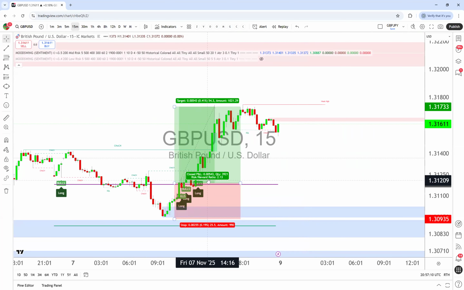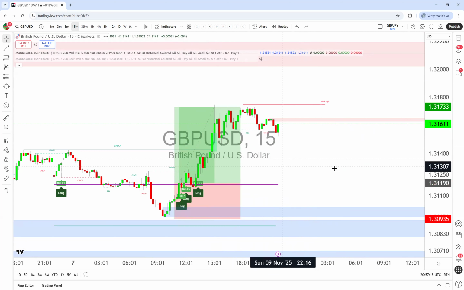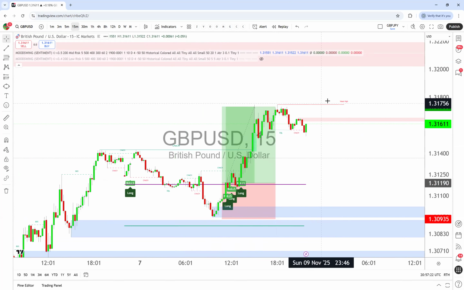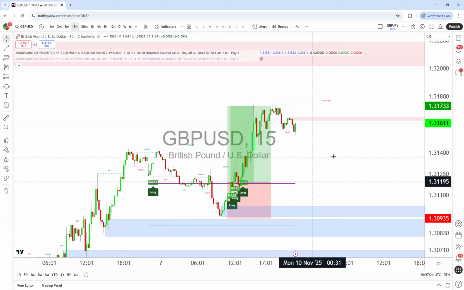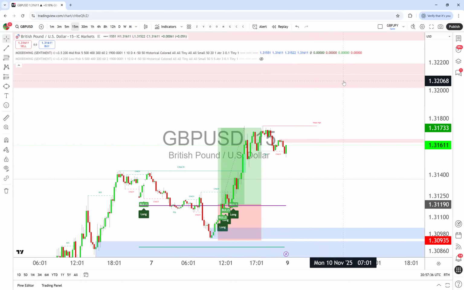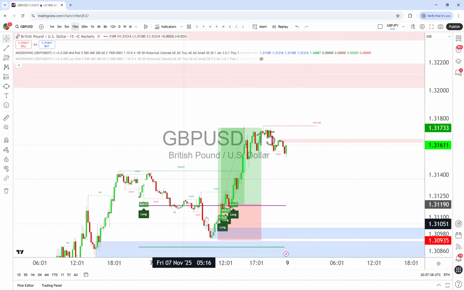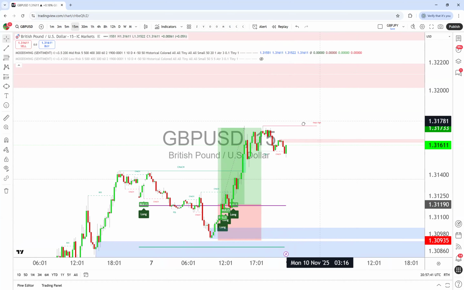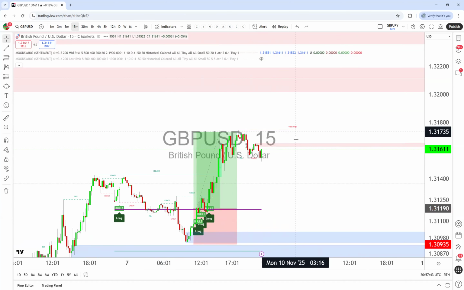For the moment, we still pretty much bias for a long on GBP USD, but we'll have to wait for the mood swing level to open up to give us an indication. More than likely it's going to be a green mood swing level. Anyways, we'll see where it sits, for an indication as to whether we're going to continue with that buying opportunity. So we will have to wait and see.